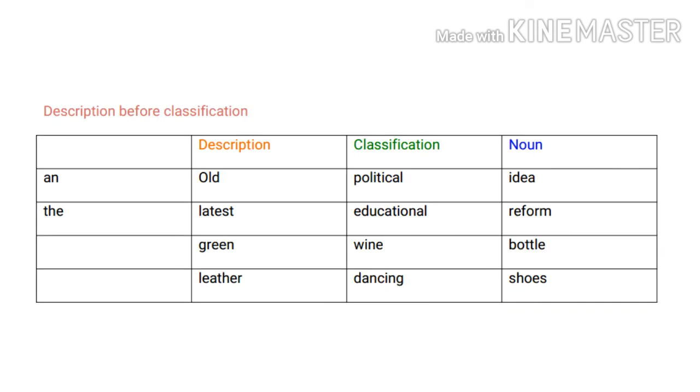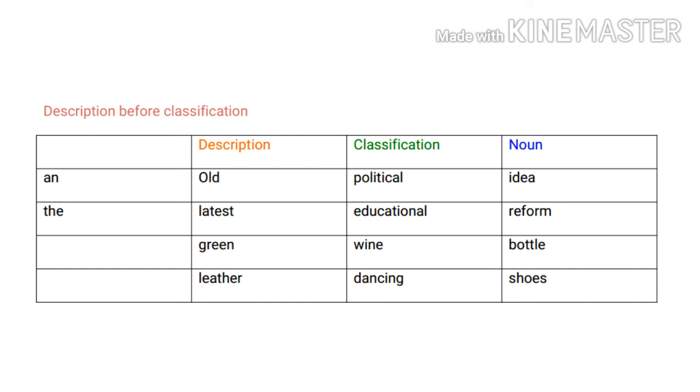We need to keep in mind the following tips while using adjectives. Description before classification. An old political idea. The latest educational reform. Green wine bottle. Leather dancing shoes. Old is a description.